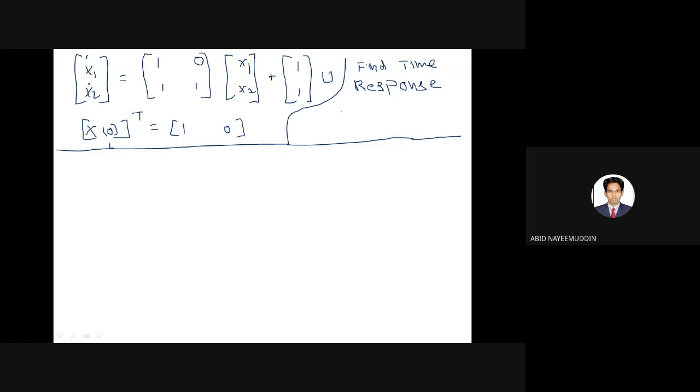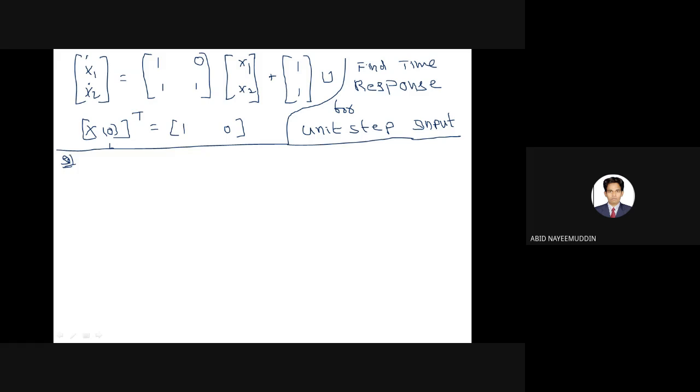Find the time response for unit step input.